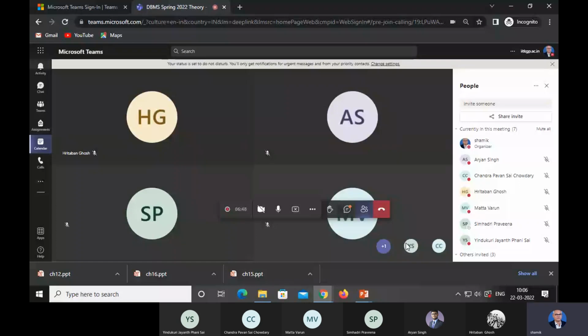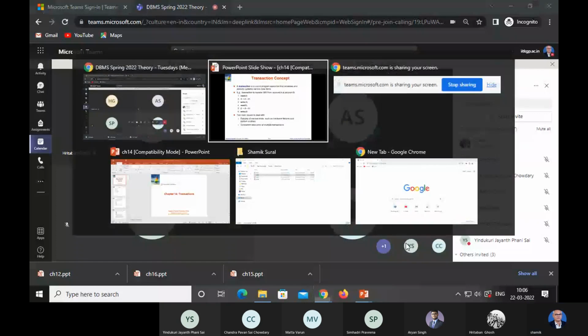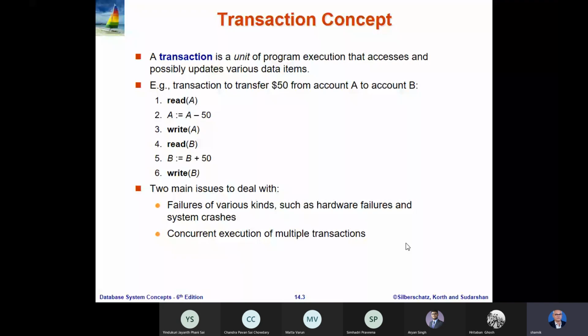Okay, good. Formally, we define a transaction as a unit of program execution that accesses and possibly updates various items. Let us take a look at one example.